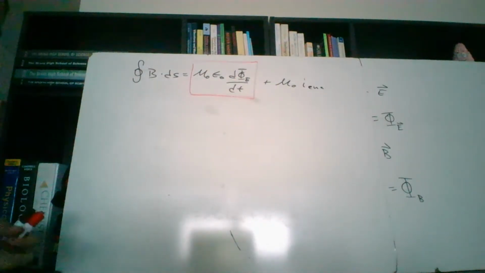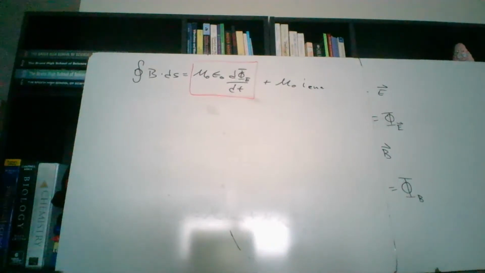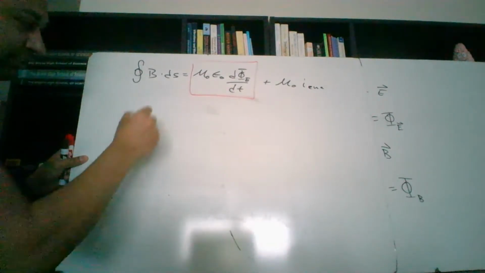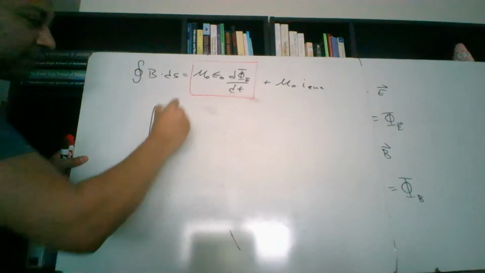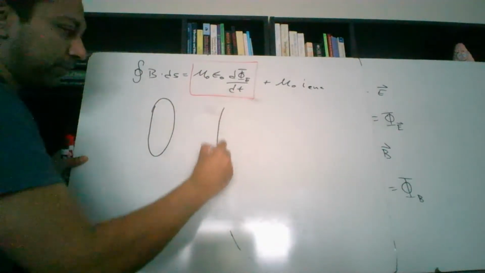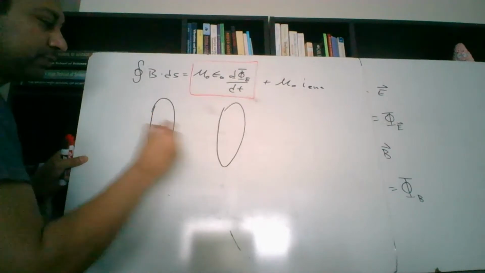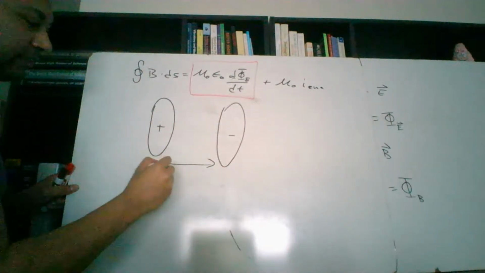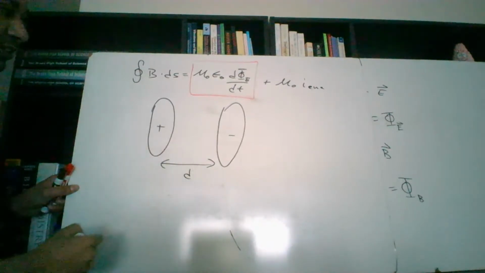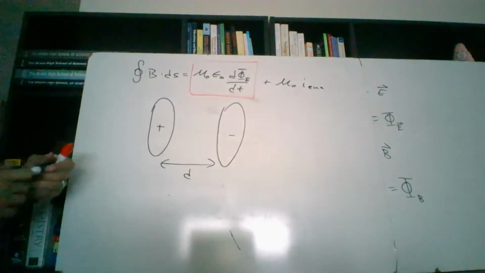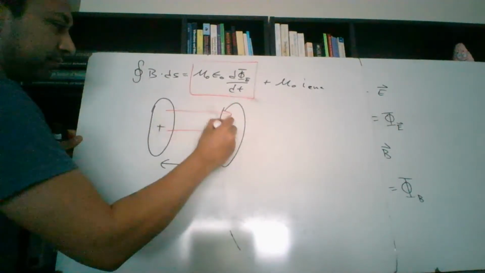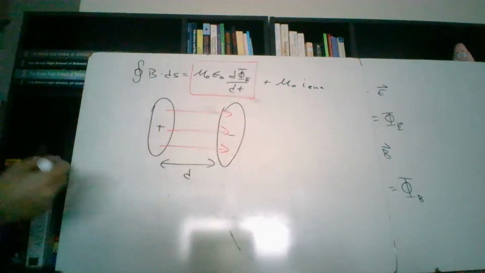To explain that, I'm going to talk about something we've already discussed before, which is parallel plate capacitors. So you've got two parallel plates. One is positively charged, one is negatively charged. They're going to be a distance d apart, and they're going to produce an electric field that goes from the positive to the negative, like that.